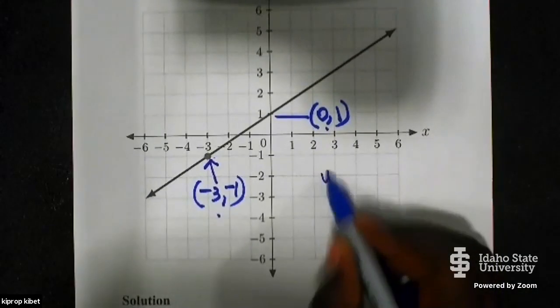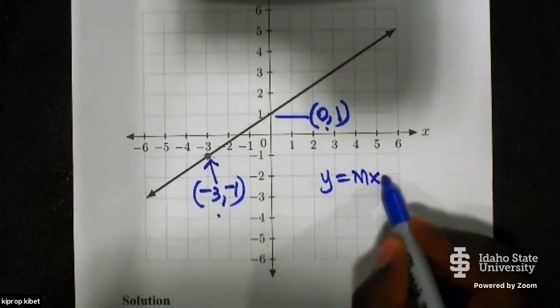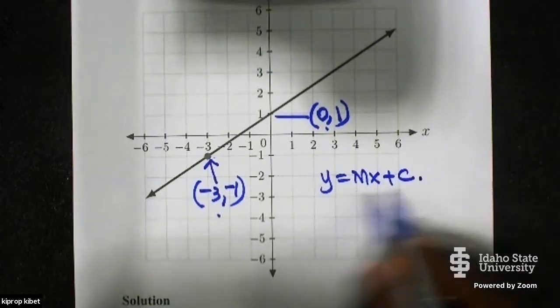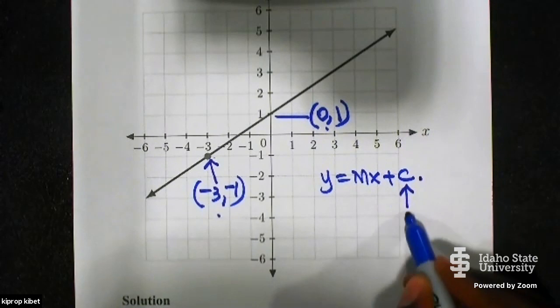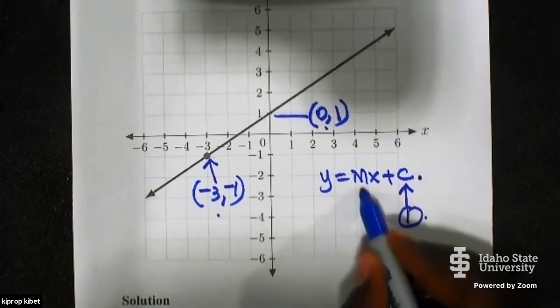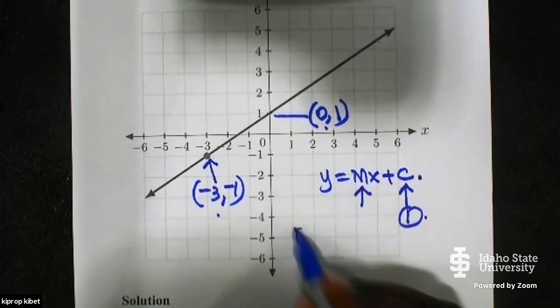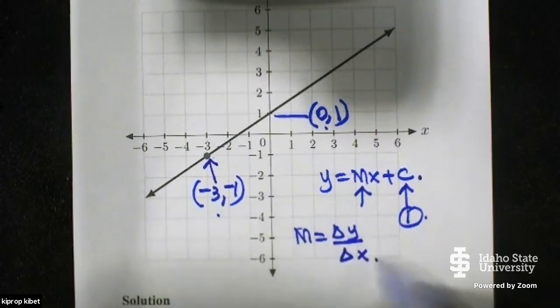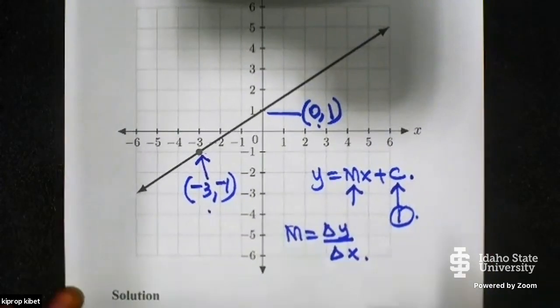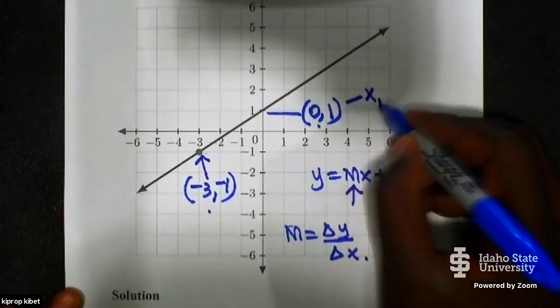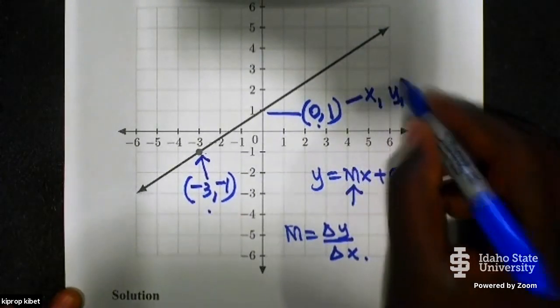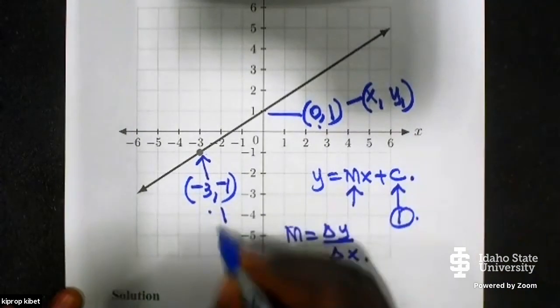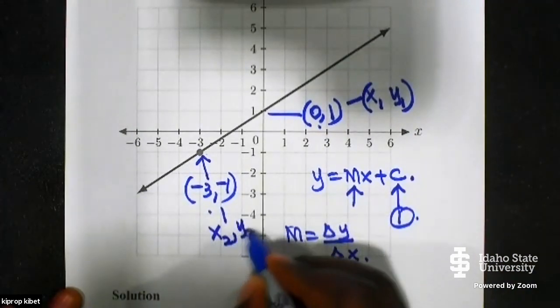So our equation is y equals mx plus c. We have c already as 1. So we are looking for m. And m equals the change in y all over the change in x. Let's say this one is x1, y1, and we take this one as x2, y2.